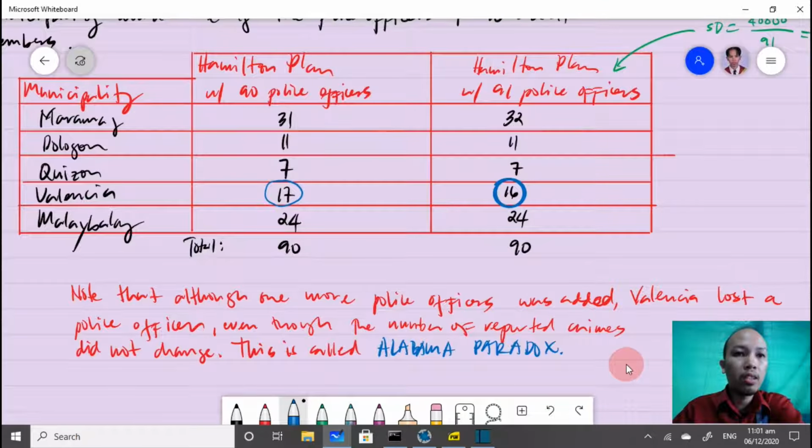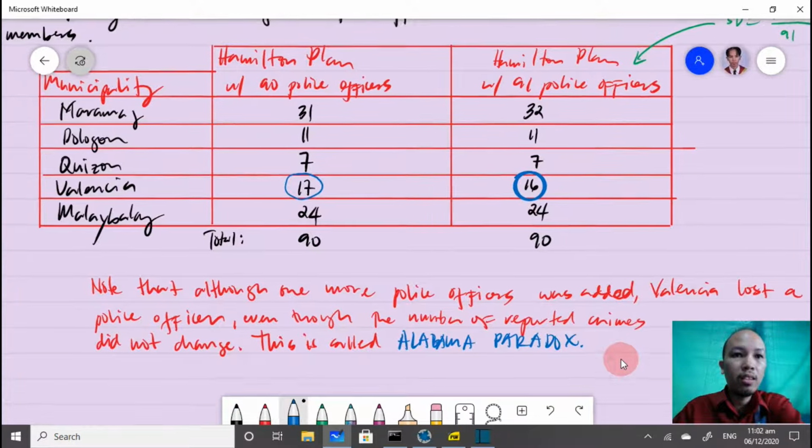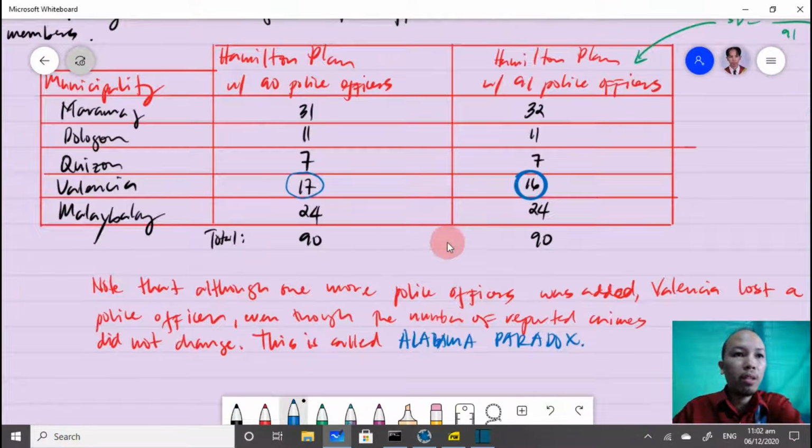But before that, let me continue to discuss the other two methods or plans, the Webster and the Huntington-Hill apportionment plan. So please remember this discussion. I'm going to go back to this later.